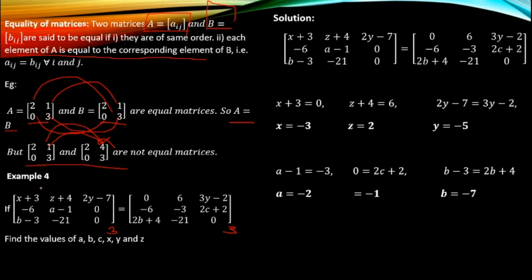Since the order is the same, we can compare the corresponding elements. So x plus 3 equal to 0, z plus 4 equal to 6, 2y minus 7 equal to 3y minus 2. Why? Because here we are asked to find the value of x, y, z, a, b, c.